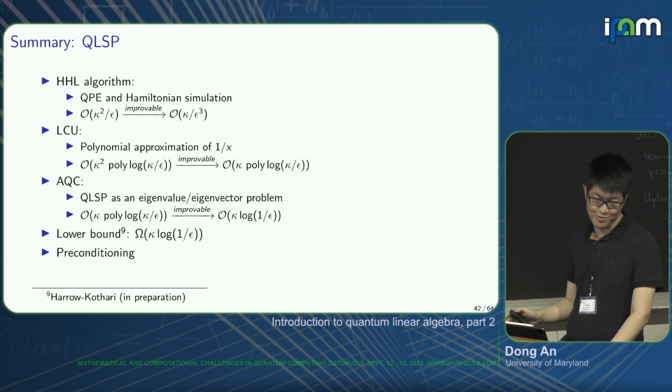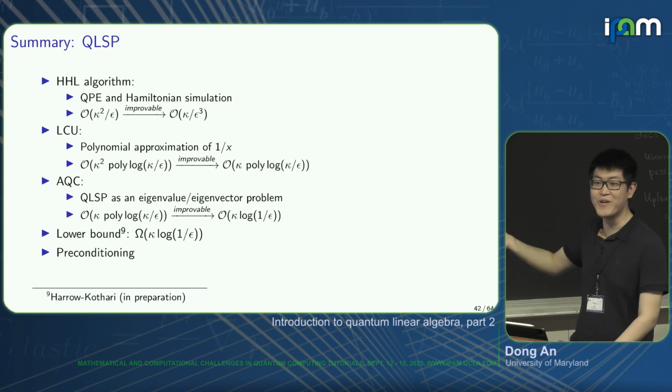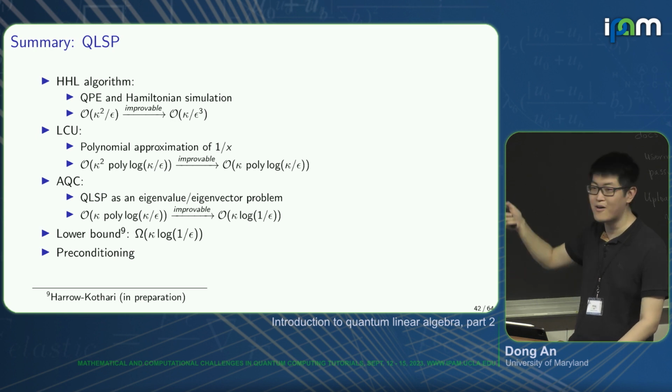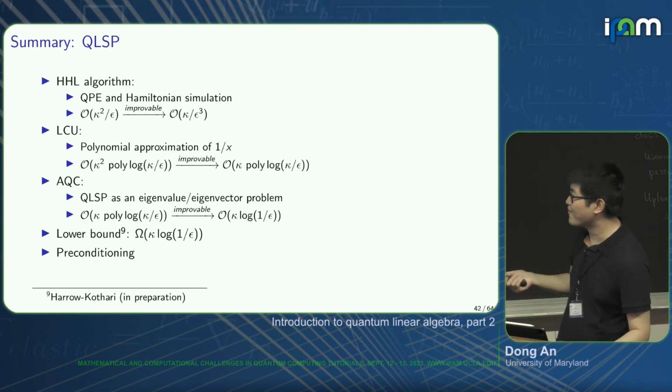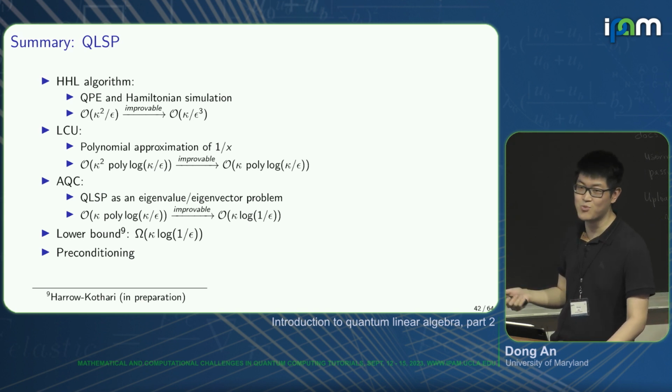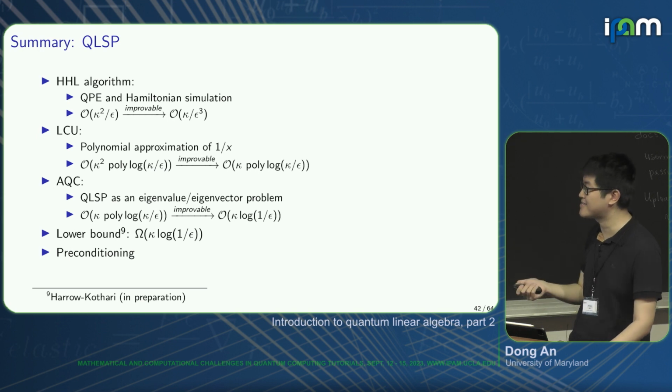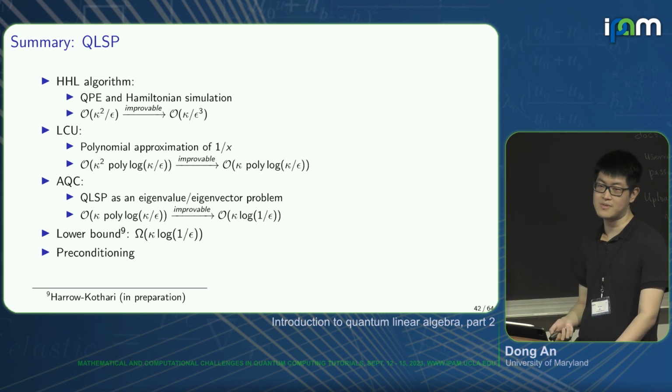Can we do even better, for example square root of kappa, or something like log 1 over epsilon? I already discussed this when addressing the questions. The answer is no, because of the quantum lower bound. For a generic quantum algorithm, you can never do better than linear in kappa times log 1 over epsilon. This is the best you can expect.